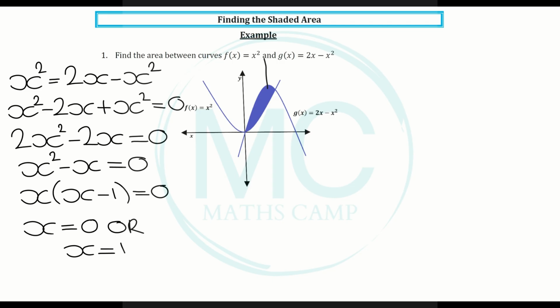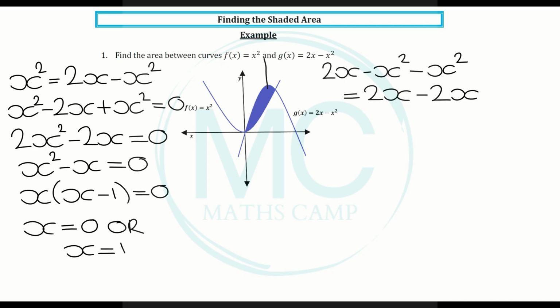So I can say the equation for g of x, 2x minus x squared, subtract f of x, x squared. I'm going to get 2x minus 2x squared. This is the equation that I need to integrate.